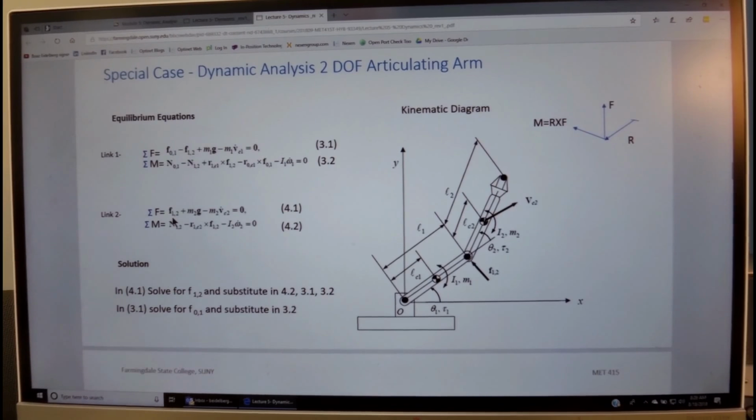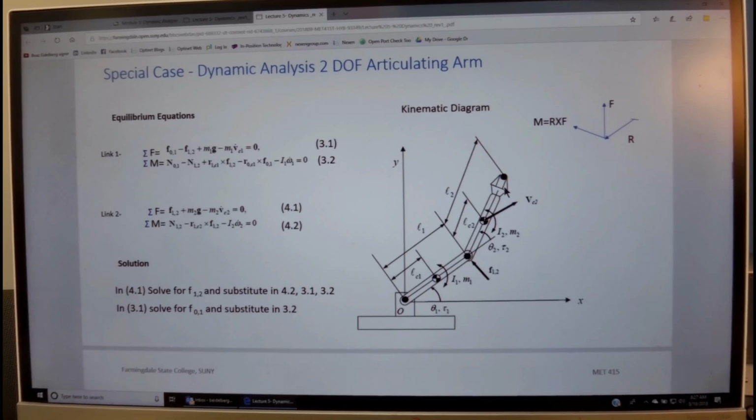So on the second link we have the force that link 1 is acting on link 2, plus the gravitational force on link 2, and we have minus the mass times the acceleration, or the inertial force acting on link 2, all equal to 0, and the summation of moments of link 2 is the torque that link 1 is acting on link 2, plus the torque that the force F12 is acting on link 2, and we have the inertial torque I2 times the absolute angular acceleration of link 2.